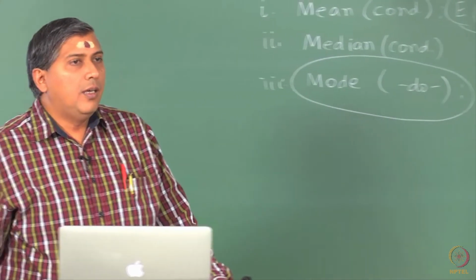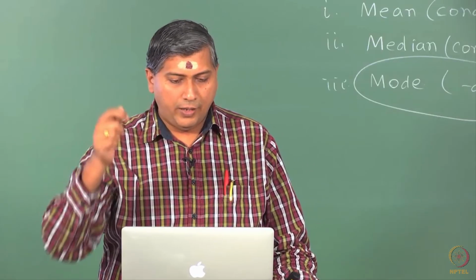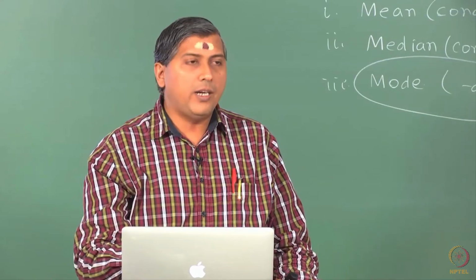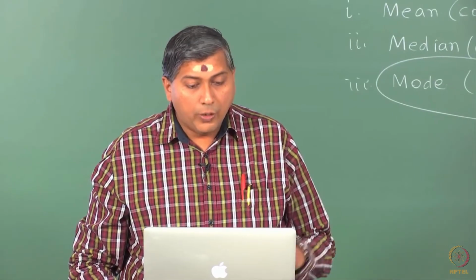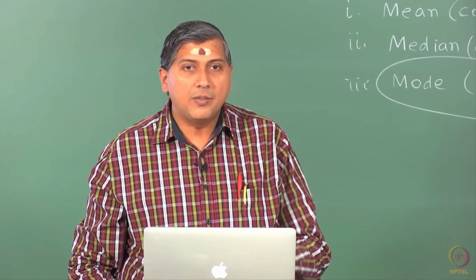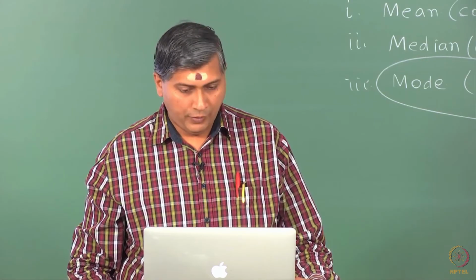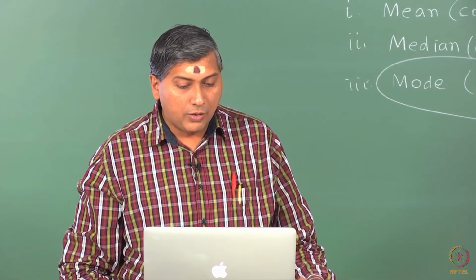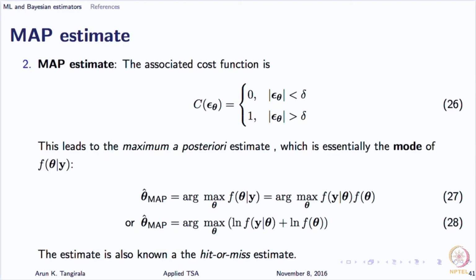Okay. We know that mode is essentially the value of the random variable at which the PDF peaks, and that is why it is called a maximum a posteriori estimate. And you can show that once again this MAP minimizes some kind of cost function, and that cost function is given here. That cost function is again in terms of the error between theta and theta naught.